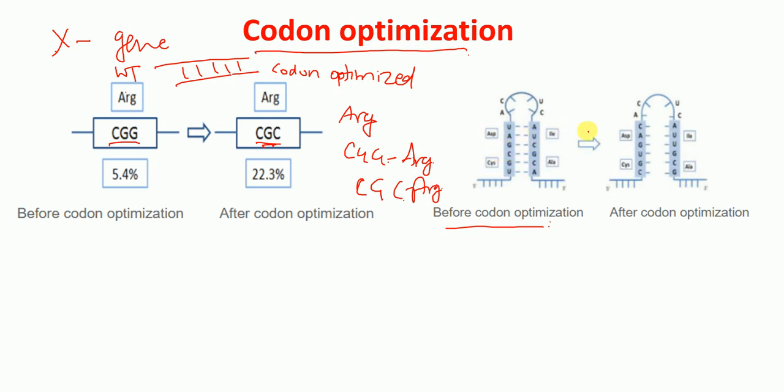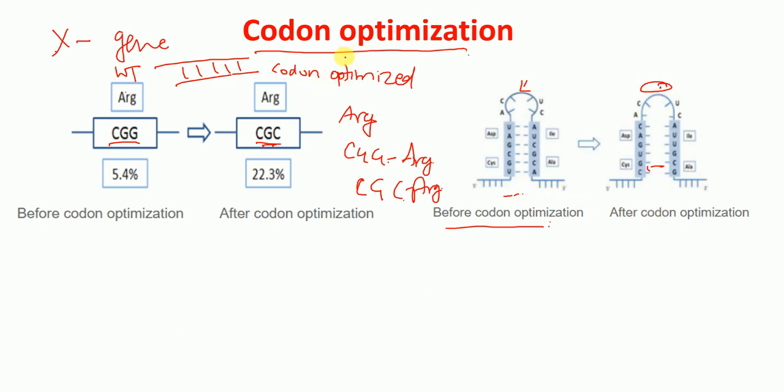When the codon is optimized, this stem loop structure opens up. This also helps in the stabilization of the mRNA, which will be translated. So this mRNA is more stable than this one. That's why there is a need to codon optimize.